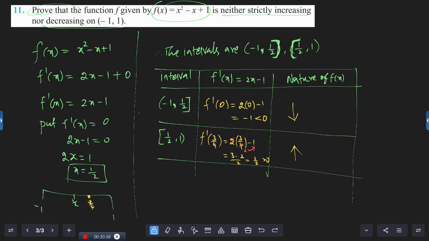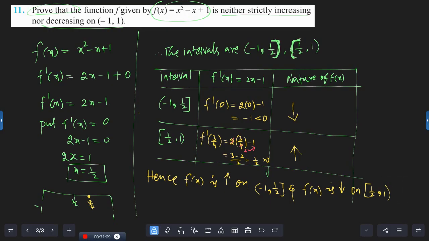Yes, we got it. So what you have to say is, hence f of x is increasing on minus 1 comma 1 by 2, and f of x is decreasing on 1 by 2 comma 1.